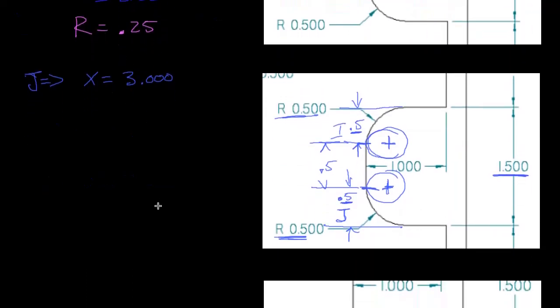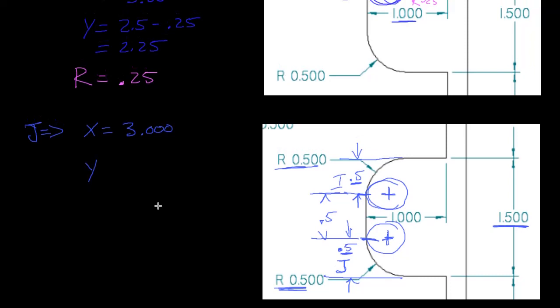And then let's look at y. The y point was at 2.25 inches at this point right here, and it's gone down 0.5 inches. So that now equals 1.75 inches.